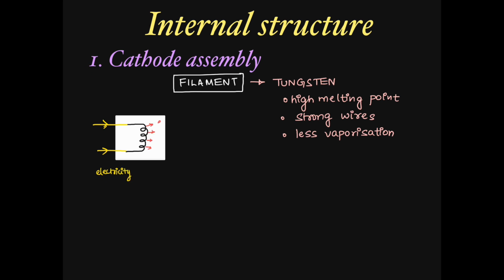Electricity is passed through the tungsten filament, after which electrons are emitted from the tungsten, which is called thermionic emission. Thermionic because electrons are emitted after the filament heats up. These electrons surrounding the filament form an electron cloud, which is called space charge.